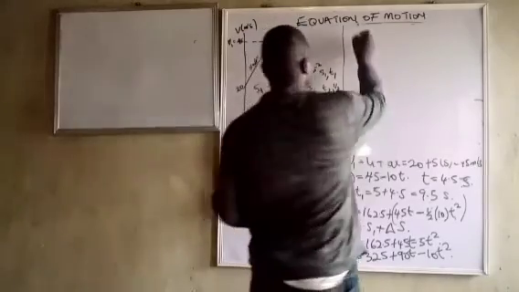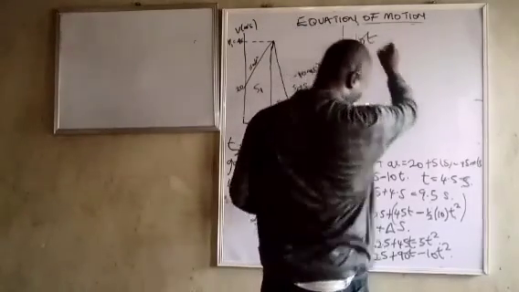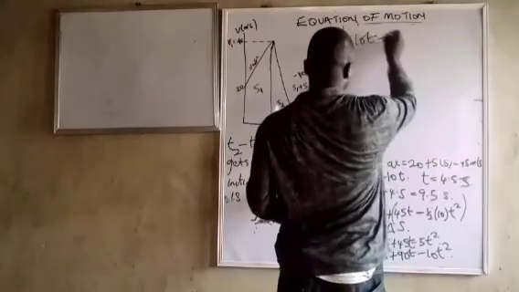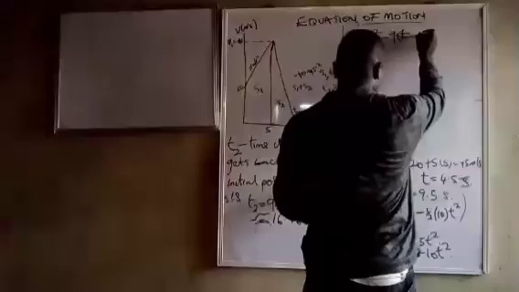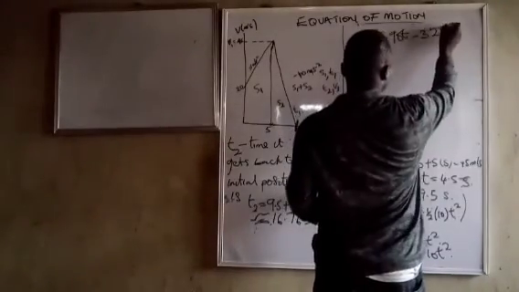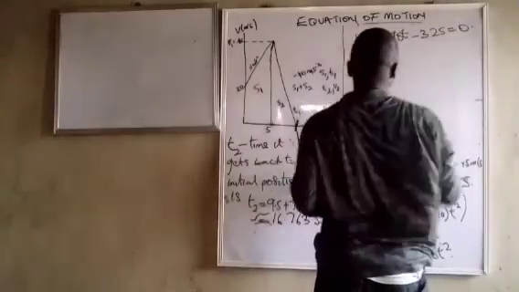Therefore, 10t squared minus 90t minus 325 equals 0.